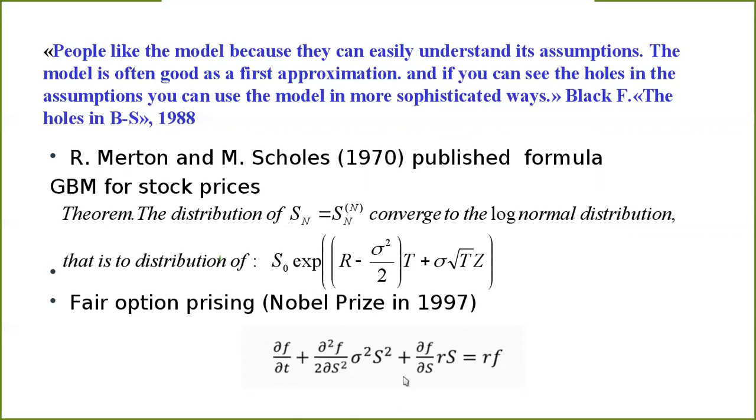If we solve this equation with initial and boundary conditions, we can get the fair price of any derivative. This formula is called the Black-Scholes equation.